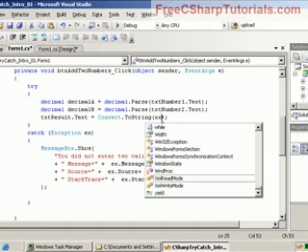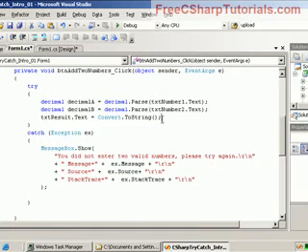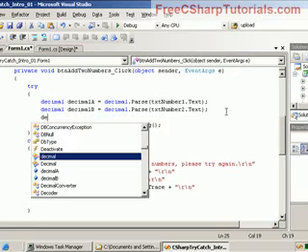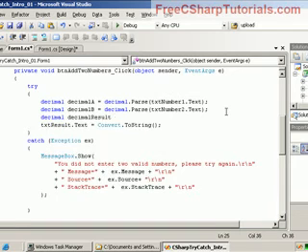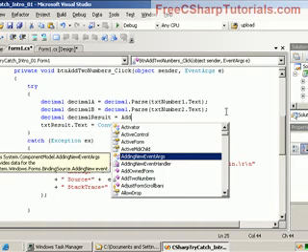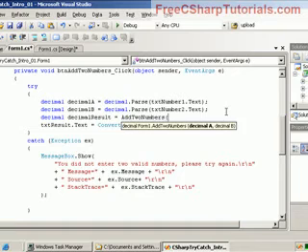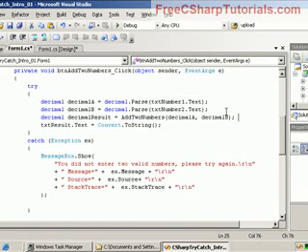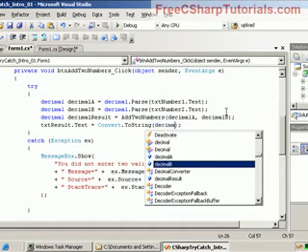So now here's the number I want to convert back. So right here I'm going to say decimal result equals add 2 numbers, decimal A, decimal B, and then here I'm going to put decimal result.